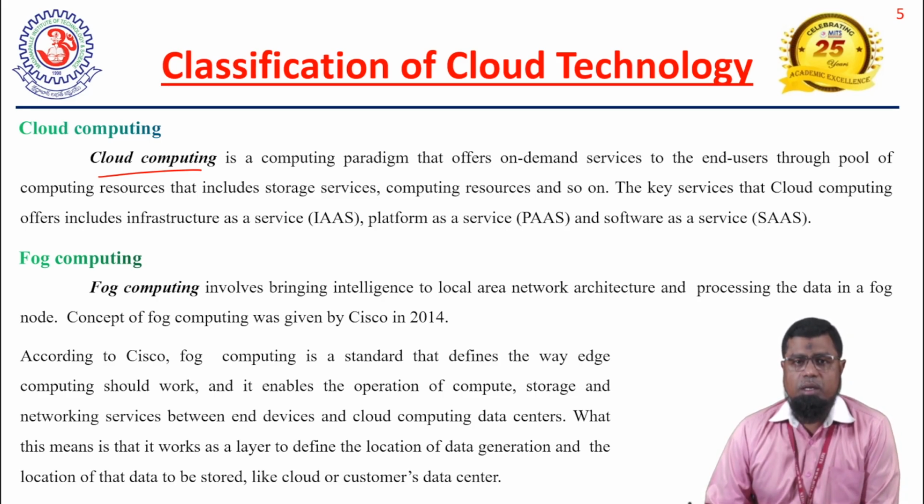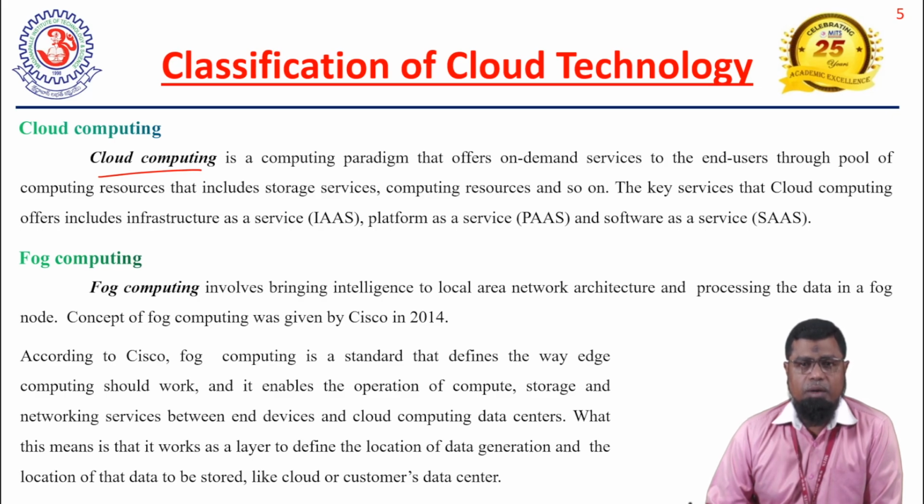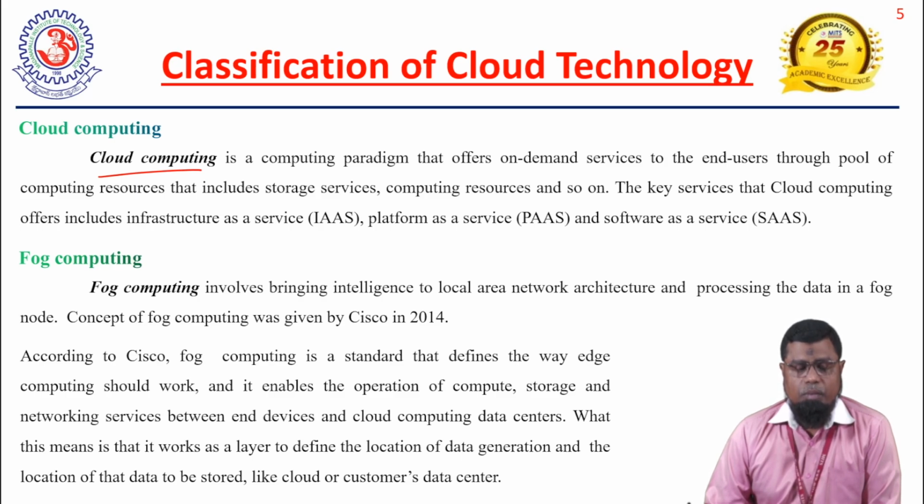Whenever people have a demand for any resource or for cloud technology, the vendors provide the service to the end users at a certain cost. The end users have to pay and use it, which is why it is called on-demand service.